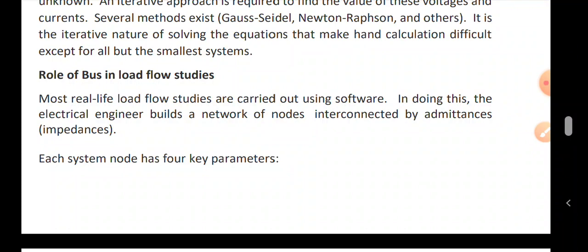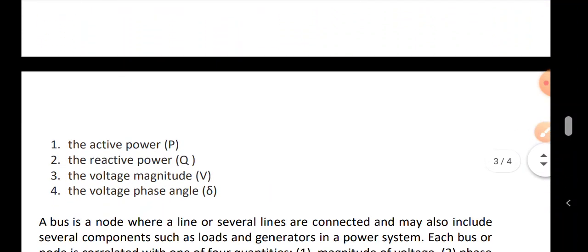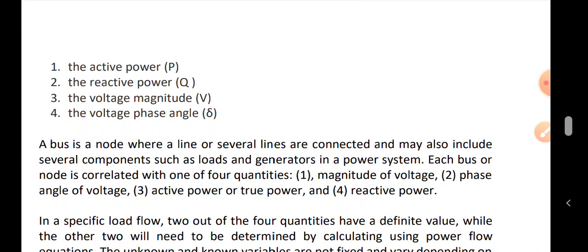on any bus. So if we are talking about what a bus is again, then you can say a bus is a node where a line or many lines are connected, and also many components such as loads and generators are connected. Why is it called a bus? This is called a bus because it is used to transfer current from one circuit to another circuit in the power system network.